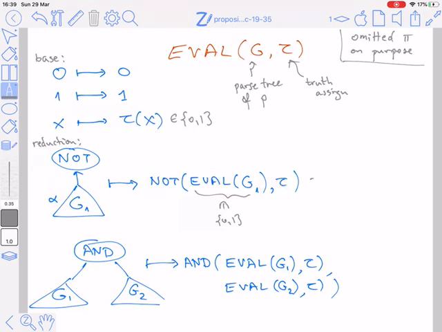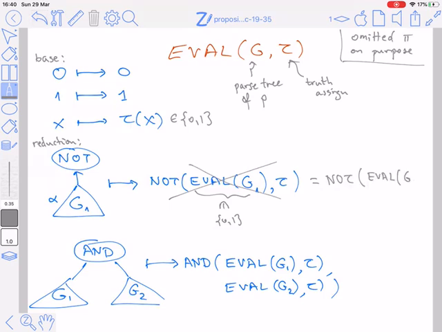So this would just be tau of not of the eval of G1. Let me erase this because it's confusing. There's a tau here.